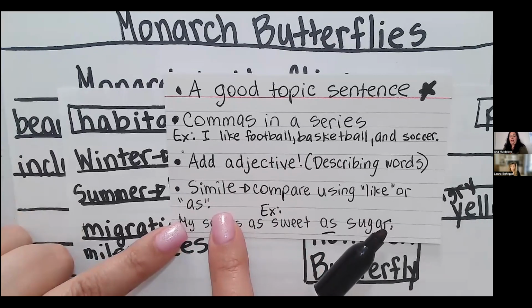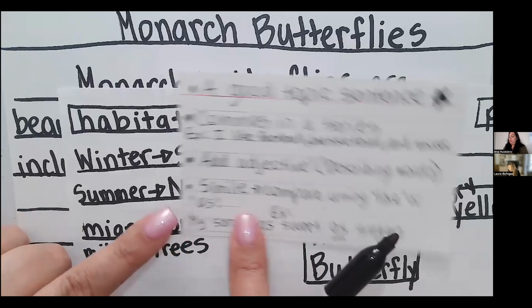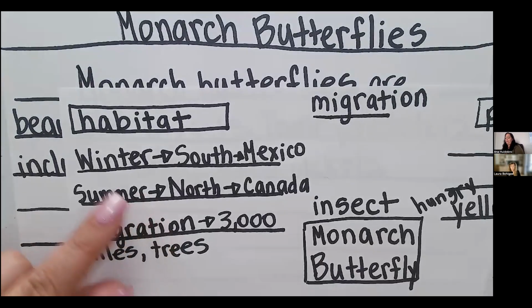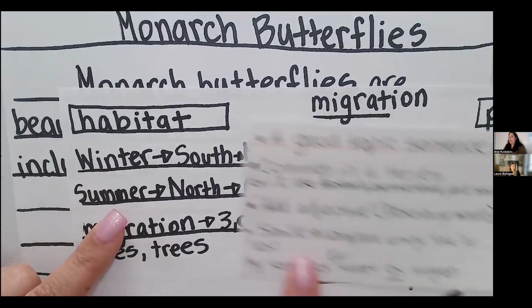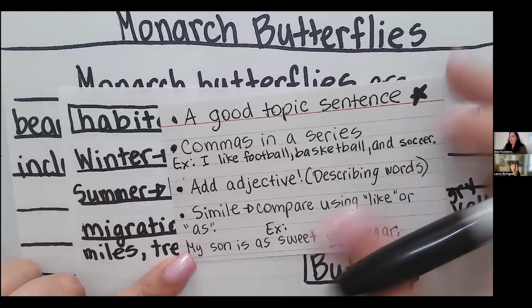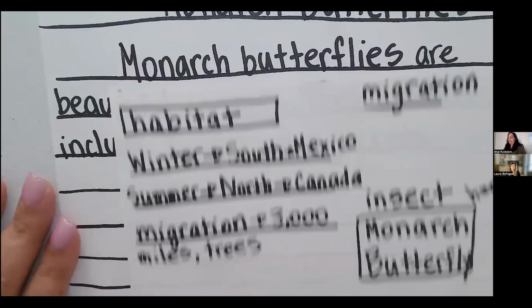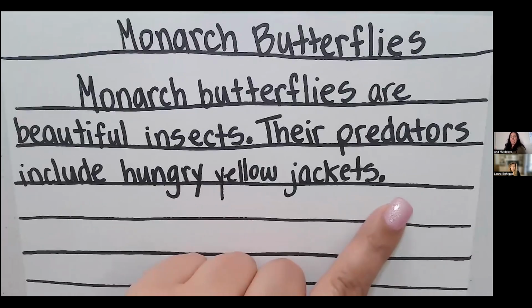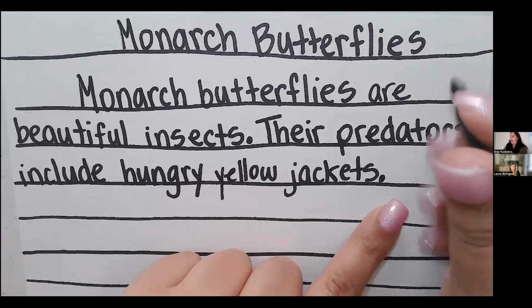I'm gonna compare two things. So I'm going to compare the weather in the winter or the summer with something else using as or like. Let me give you an example. So I'm going to say, okay, I need a sentence about the habitat, but I'm not going to use the word habitat just because I want to switch it up. Okay.